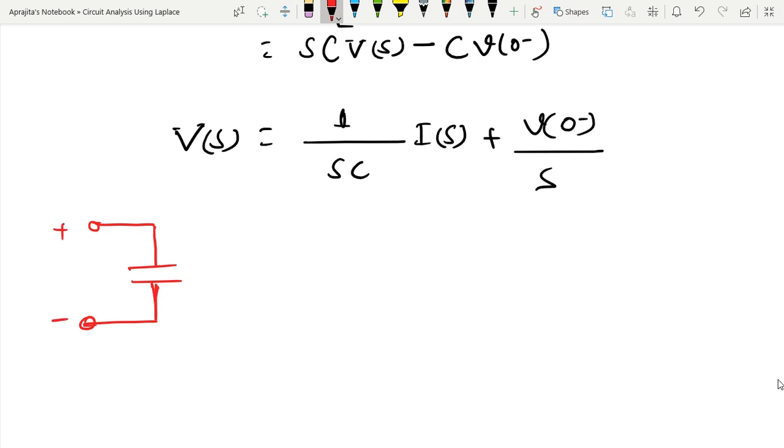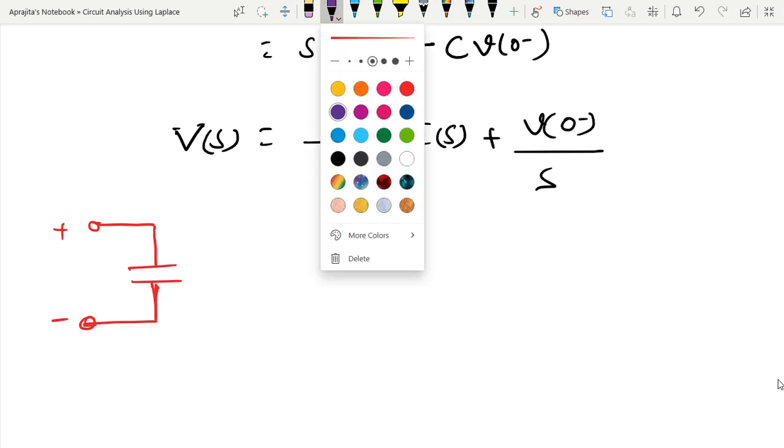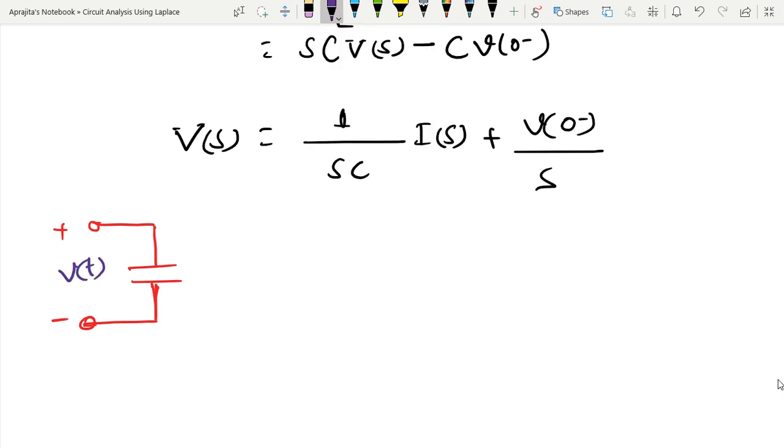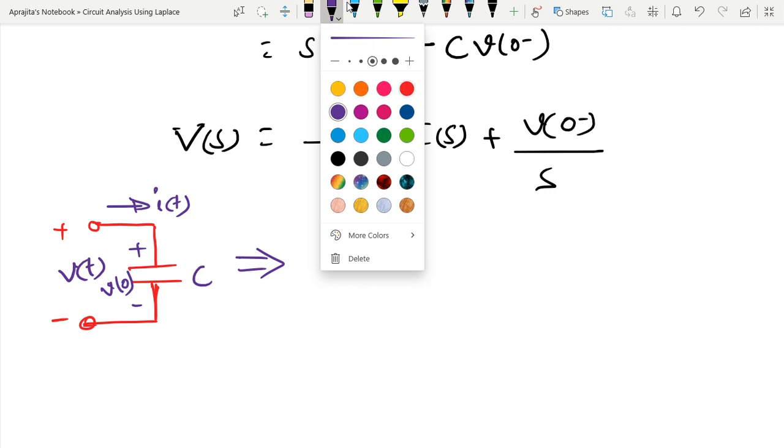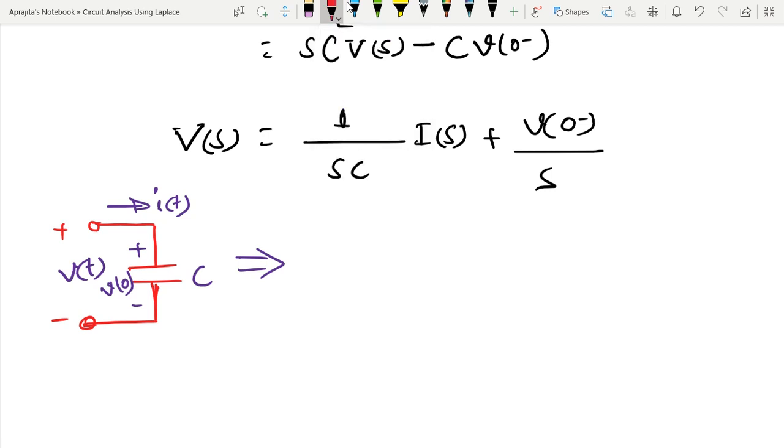After that I am going to apply the voltage, that is in the time domain v(t), and the current is i(t), and after that I have a certain kind of initial condition, because that is the main motivation of using this particular analysis technique. And after that I can also write this particular thing in the S domain, that is like this.